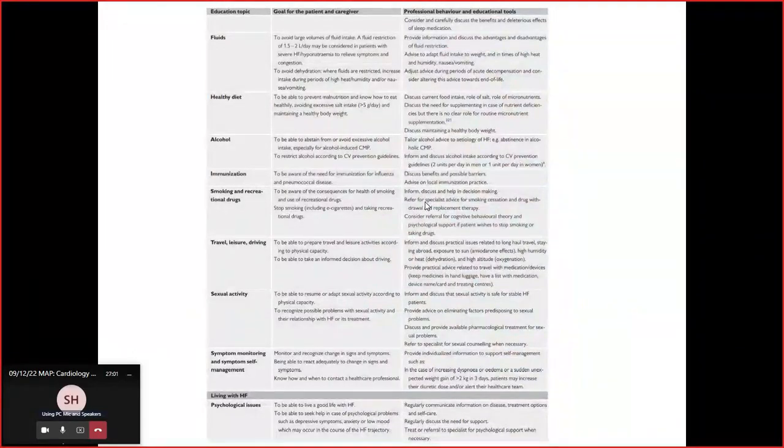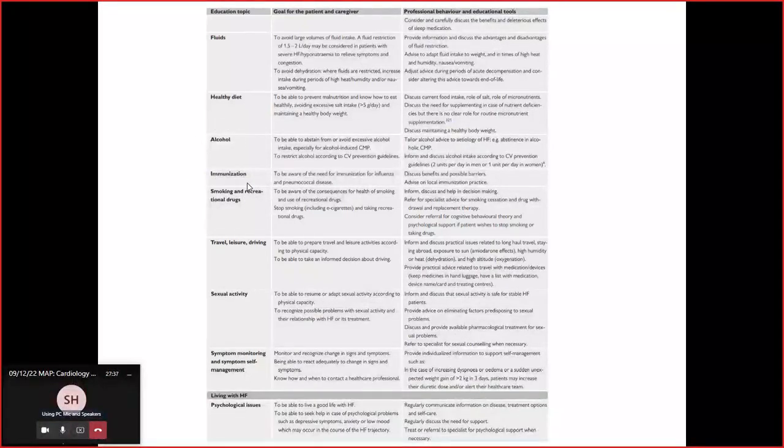Patient education is very important, so we have to educate the patient how much fluid has to be given. We usually tend to do a fluid restriction for patients admitted to the cardiology unit, less than 2 liters or 1.5 liters per day. But we also have to avoid dehydration. So we have to educate the patient how much to drink every day, and educate him about a healthy diet, decreasing the sodium intake, the alcohol intake, and immunization.